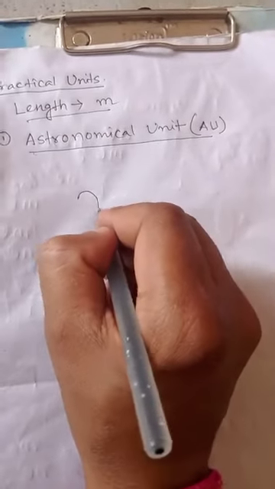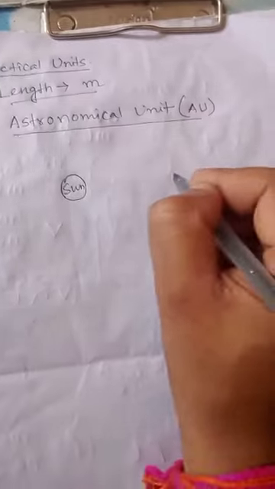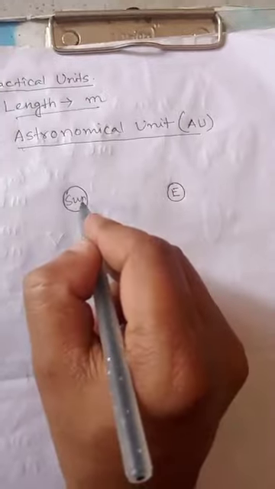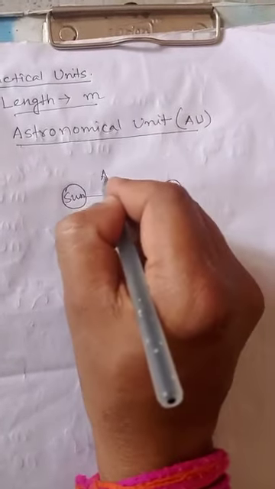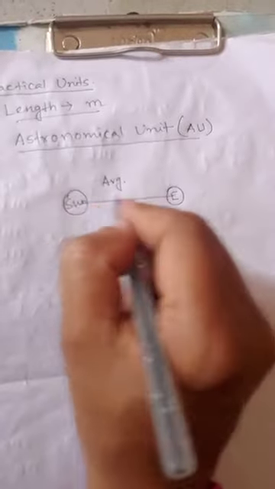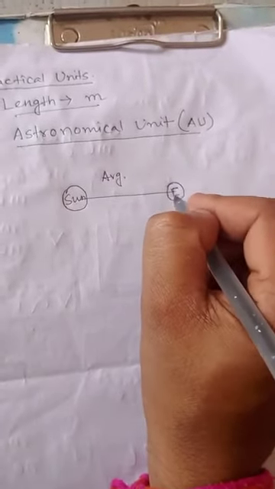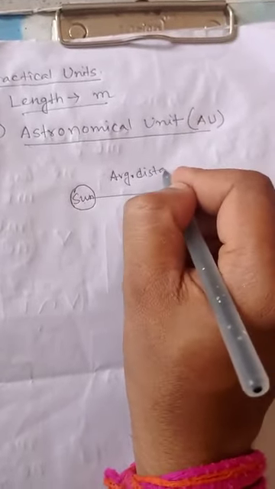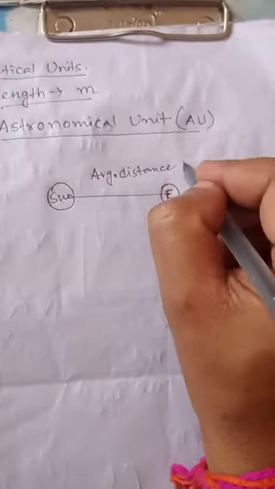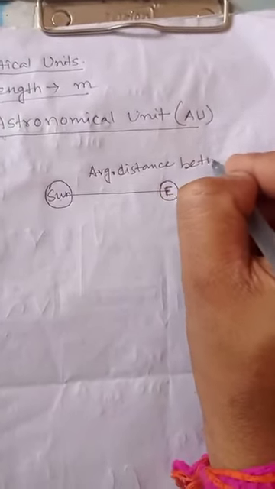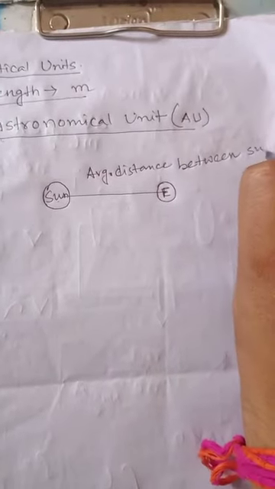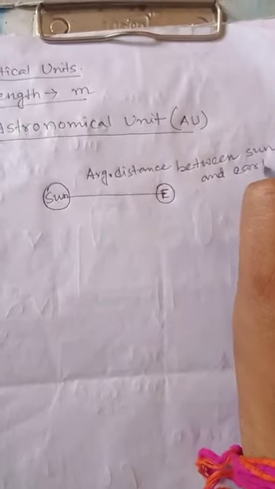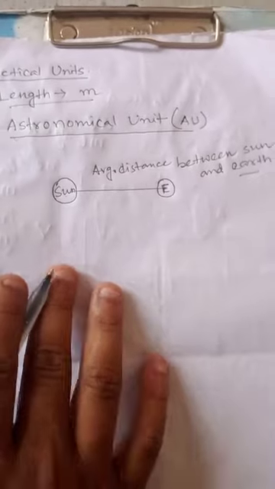So if we consider this is the sun and this is the earth revolving around the sun, the average distance, because the distance from sun to earth is not always equal, so we take the average distance between sun and earth, is called an astronomical unit.